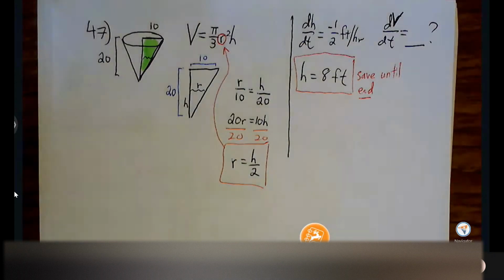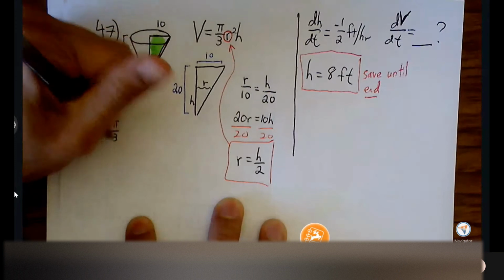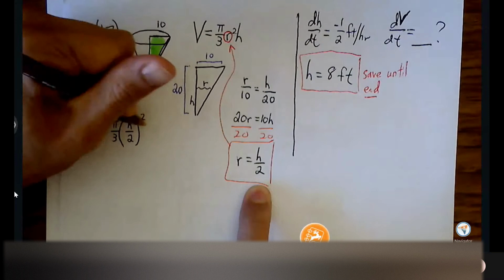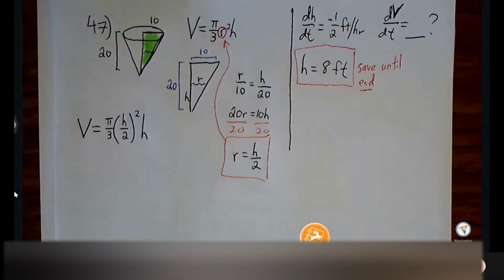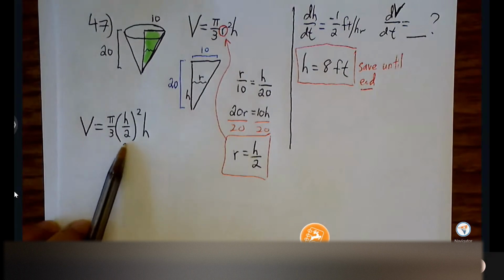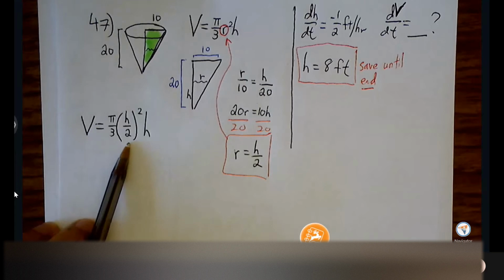Okay, so here's my updated volume equation. R squared h. Okay, questions so far? We do want to find the derivative eventually, but not yet. Let's clean this up all the way to the point where we have an easy power rule to apply for this volume equation.